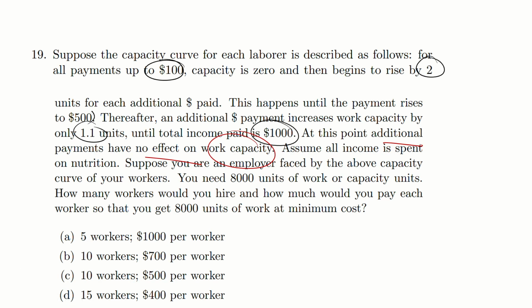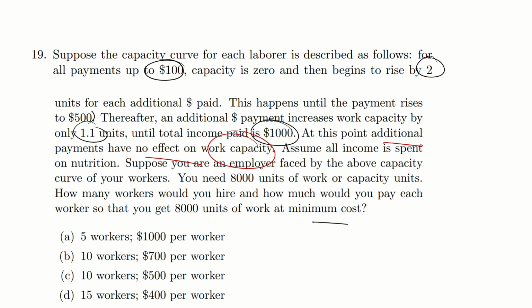Okay, guys, suppose you are an employer faced with the above capacity curve of your workers. You need 8000 units of work or capacity units. How many workers would you hire and how much would you pay each worker so that you get 8000 units of work at the minimum cost?